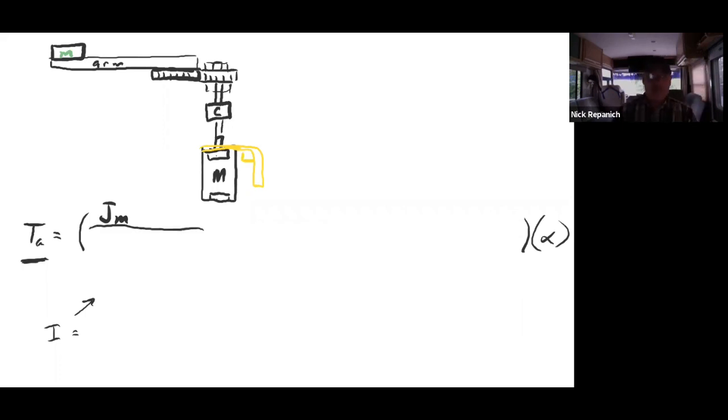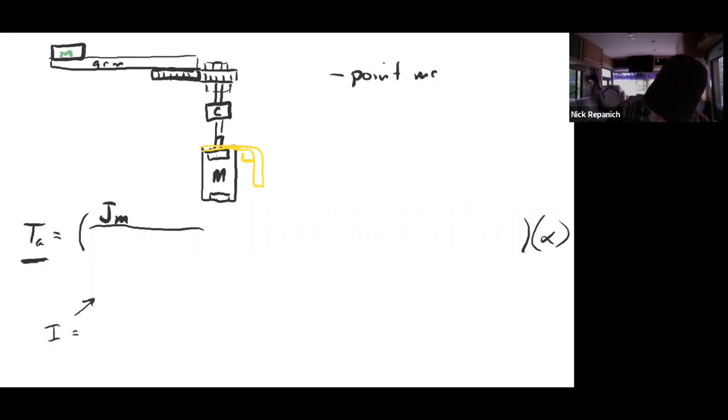Later on, we'll actually figure out what this inertia is, and it's going to be an mr squared proposition. Sometimes it's the integration, but generally we can model things as one of three things: point mass, solid cylinder, or hollow cylinder.